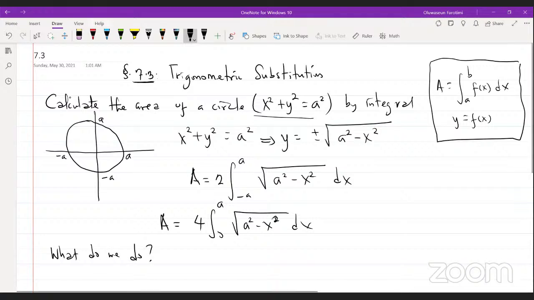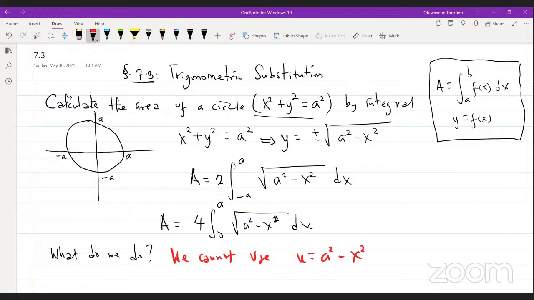I can tell you what not to do. We cannot use u equals a squared minus x squared. If you try it, it's going to fail. It's really not going to work.